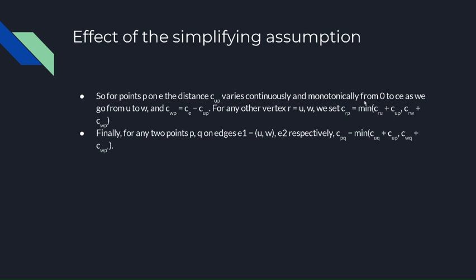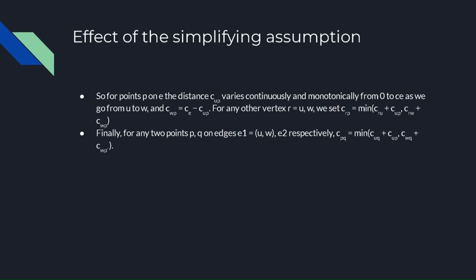You can imagine that as the point P gets further away from U, the cost c_UP is increasing. And c_WP will be equal to c_e minus c_UP. It's just simple subtraction: the total cost minus the cost from U to P is the cost from W to P.